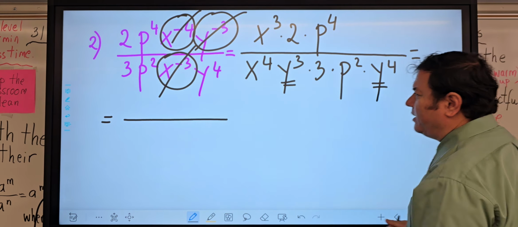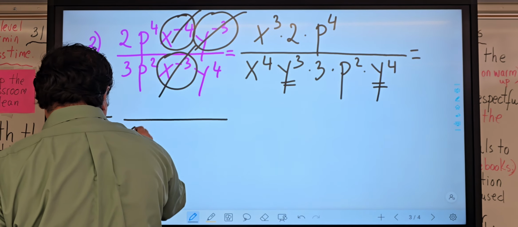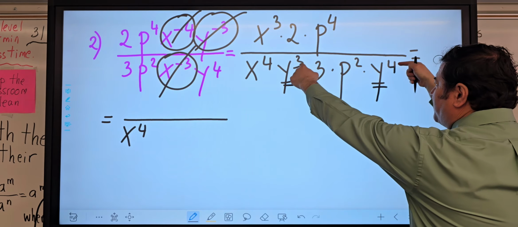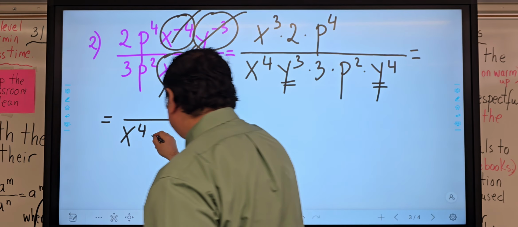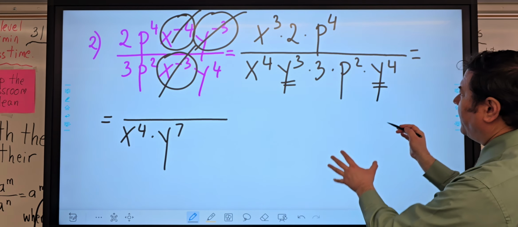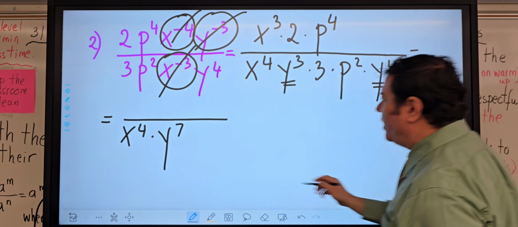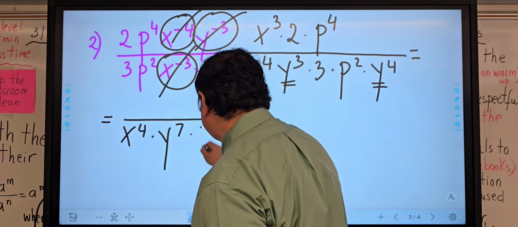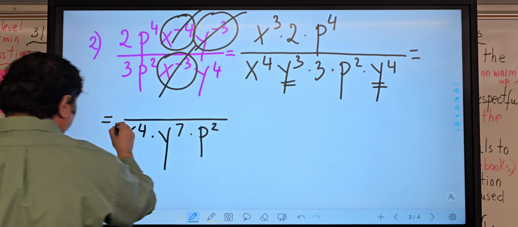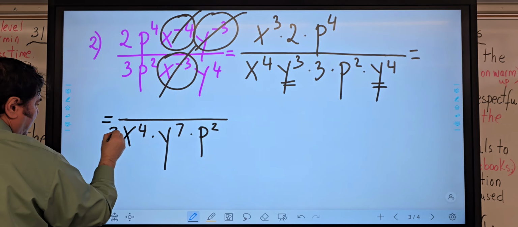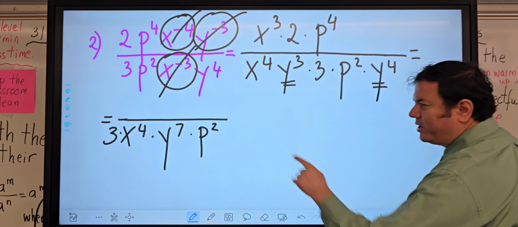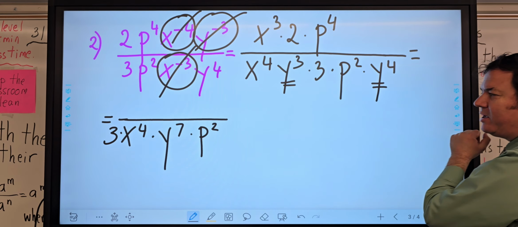And here we have x to the 4th power, keep it away for now, so times y to the 7th power, 3 plus 4 is 7, times y to the 7th power, okay, and we still have the 3 and the p squared, times p squared, right, and remember we bring the 3 in the beginning right here, because the whole numbers, usually we keep them first. Okay, we keep the whole numbers first and then we go in alphabetical order.